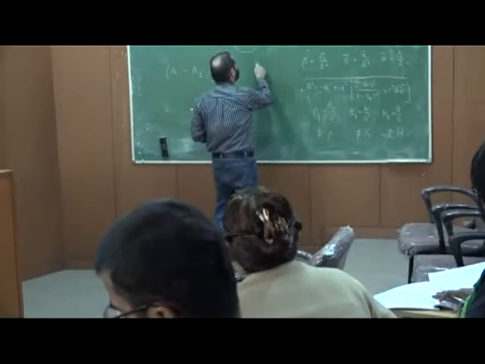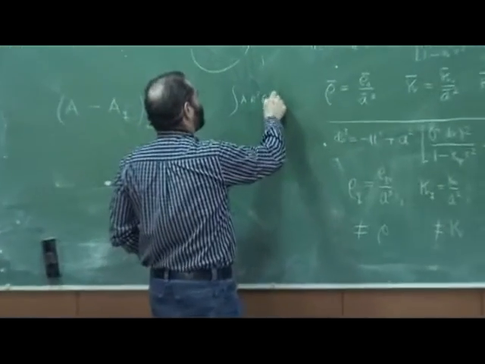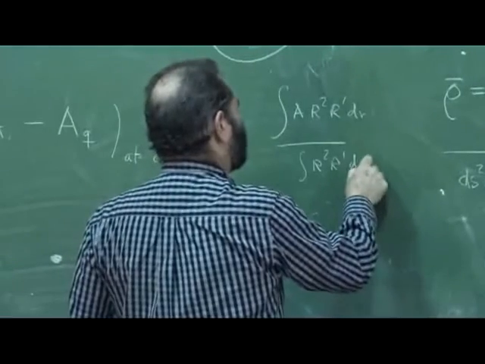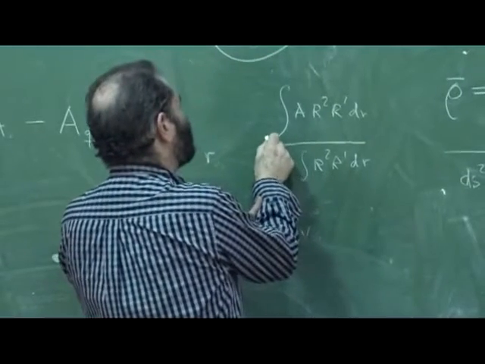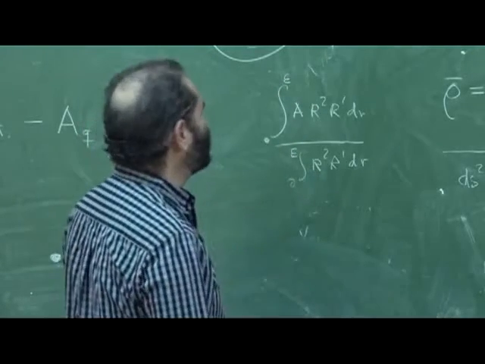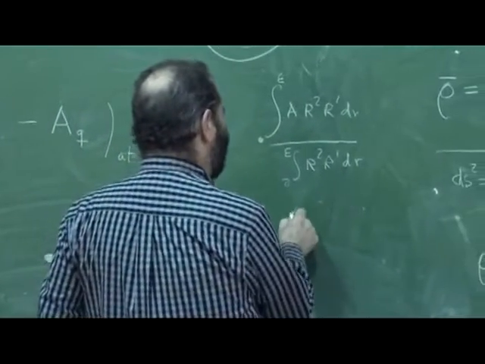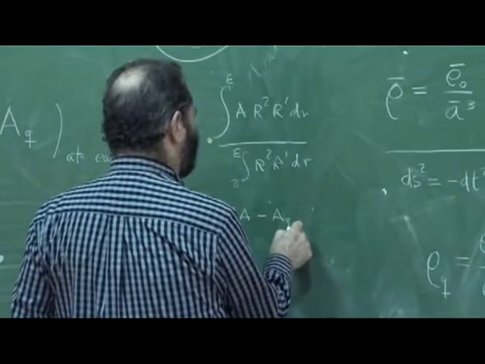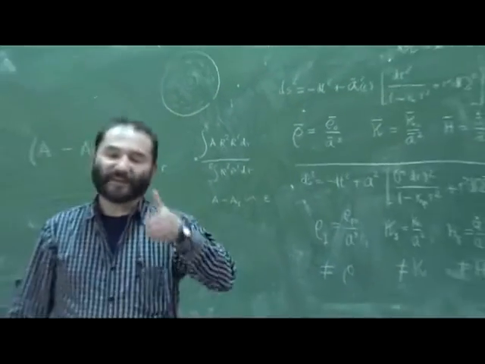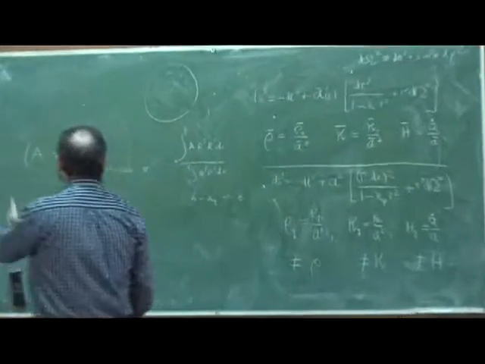This integral, of a r squared r prime dr, we integrate from 0 to a very small number. So basically, if we do this, we can see that A minus AQ is of the order of epsilon. And if we set epsilon to 0, then they are the same. So at the center, they are the same.